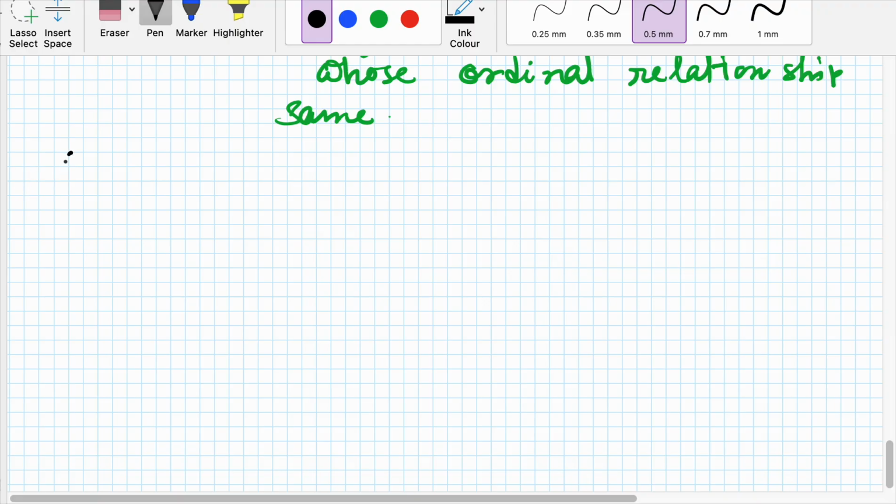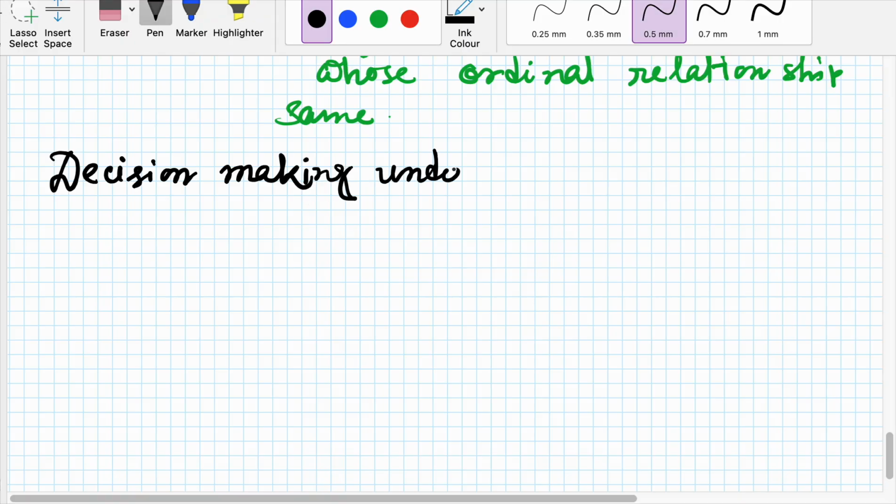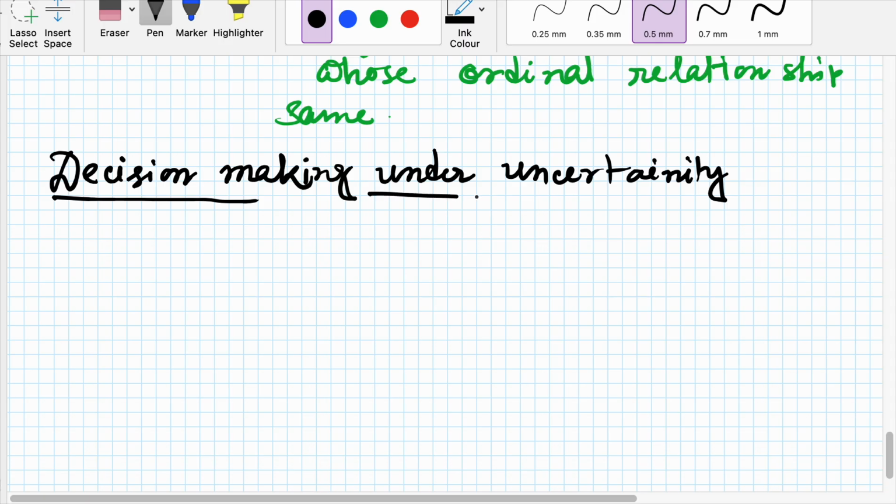Now why is decision making under uncertainty important for game theoretical purposes?